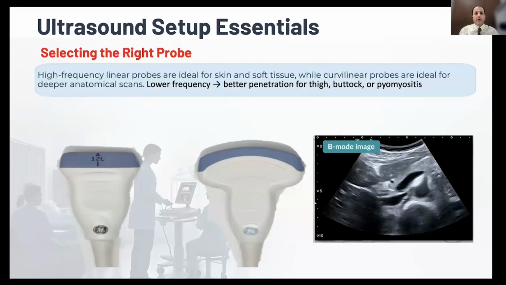Both of them, and it depends on the case. If we are just looking for an abscess under the skin, a very superficial and shallow structure, use high frequency. But if you want to look at more deep structures, use the curvilinear probe, the low frequency probe is the best.